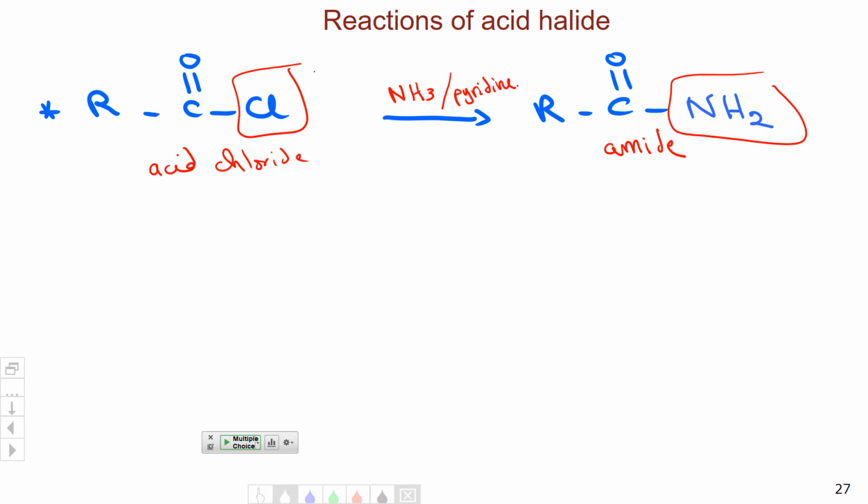Again, the role of pyridine is to neutralize the HCl that's going to form, or two equivalents of NH3. The reason that I can use two equivalents of NH3 is because NH3 itself is a weak base, and it can neutralize the HCl that is formed. So the pyridine is to neutralize HCl formed during the reaction.